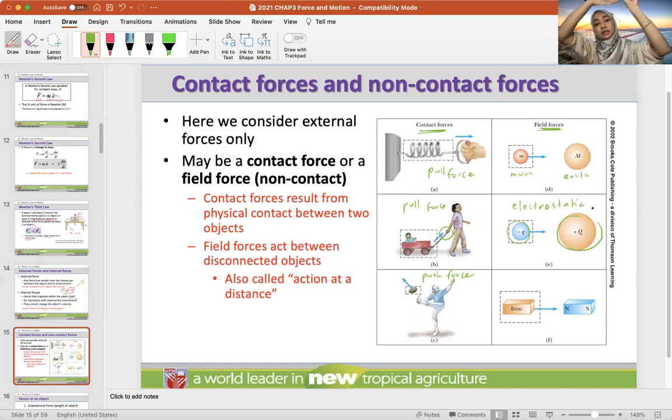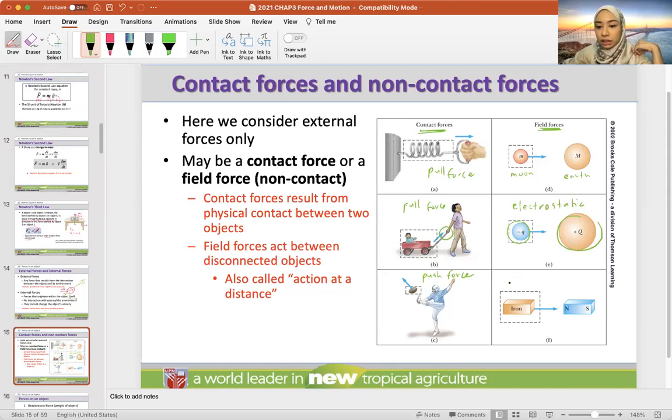The hair sticks to the balloon. That is electrostatic force, because one is negatively charged and the other is positively charged, so they attract each other. That's why your hair sticks to the balloon. It's a force that does not need contact. Your hair is attracted even without touching the balloon.